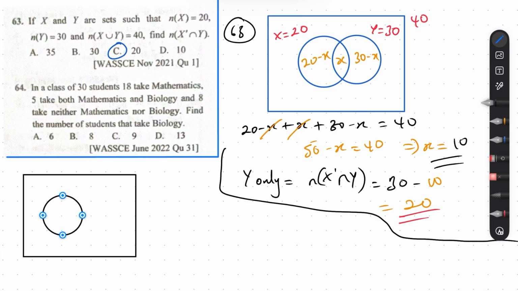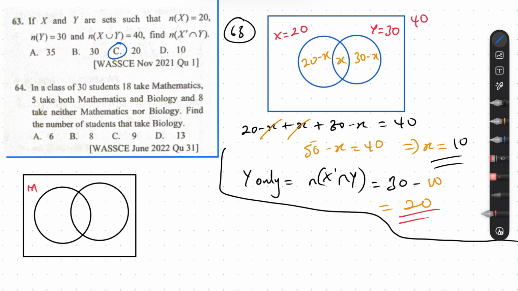Let's draw another circle. Now let's give here to be mathematics, which is 18, and then biology. We don't know biology, so let's leave it like that. It says 5 take both mathematics and biology. That means the intersection between math and biology is 5. So we put 5 here.